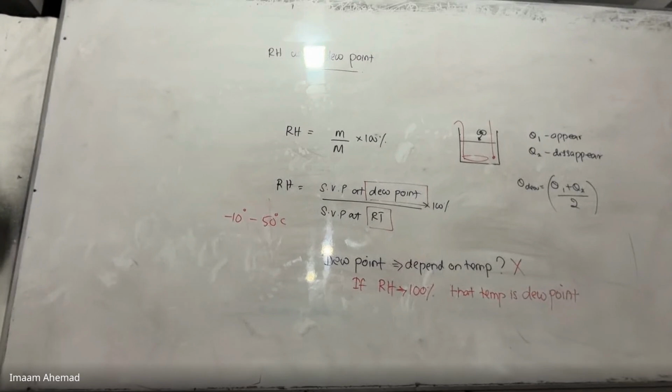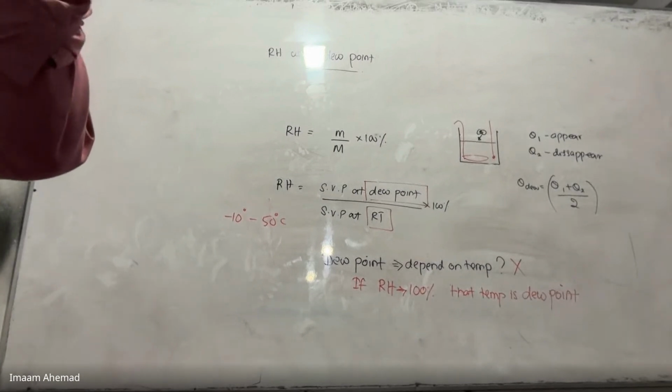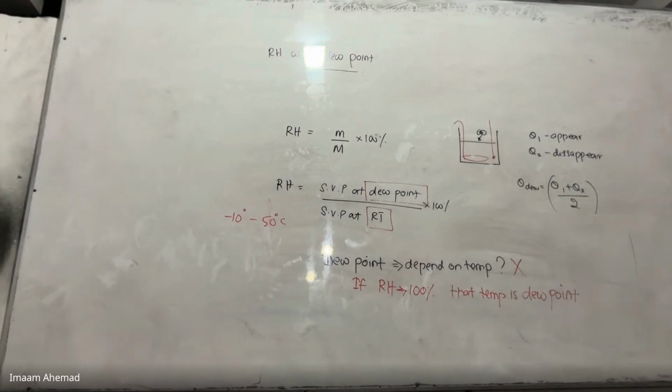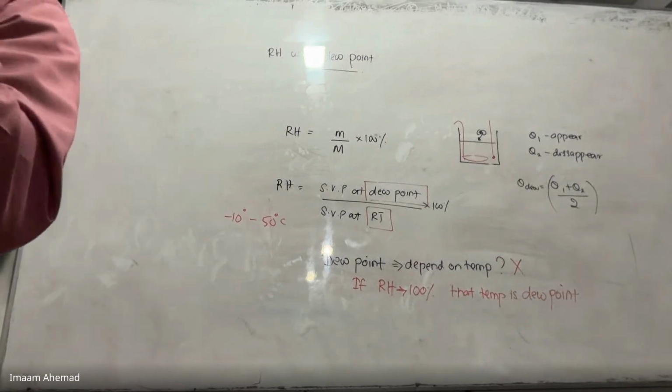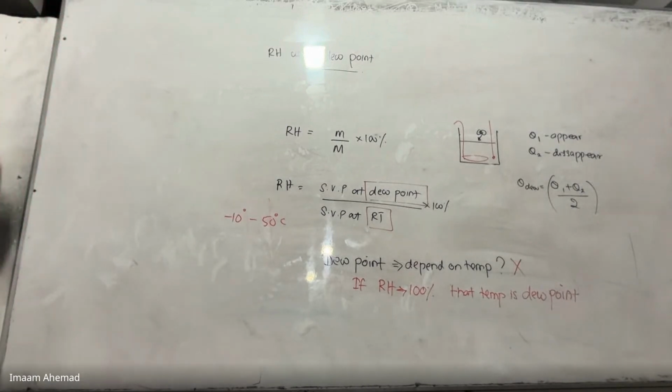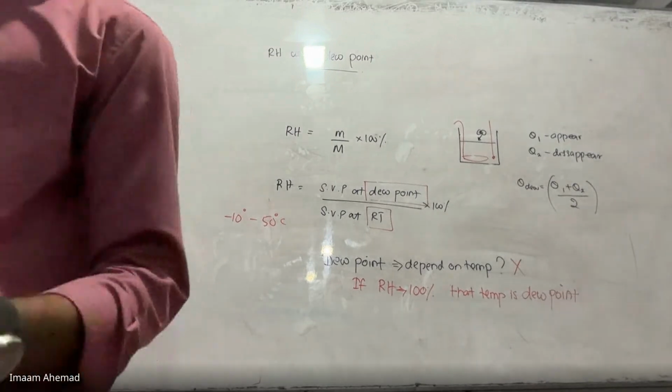Okay, we can tell one reason. RH will change in that region because when we exhale, it's going to become a mixture. The surrounding air and the one we exhale, both of them are going to mix and give the result. So that's one problem. It will change the RH.